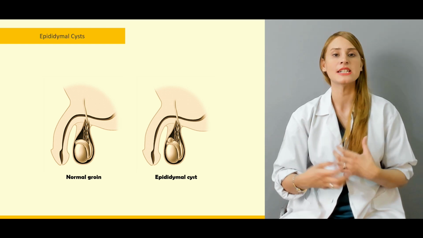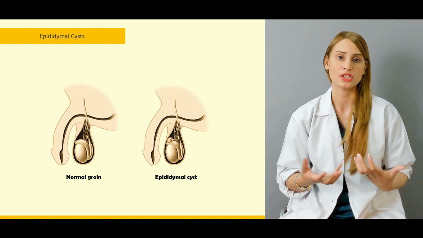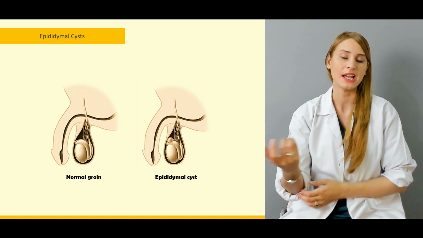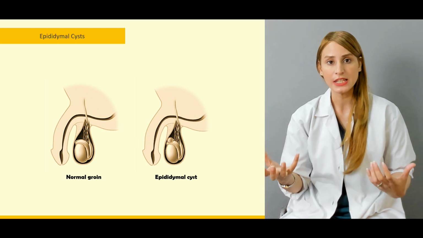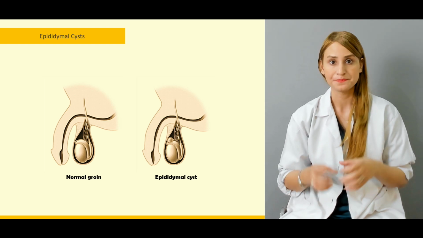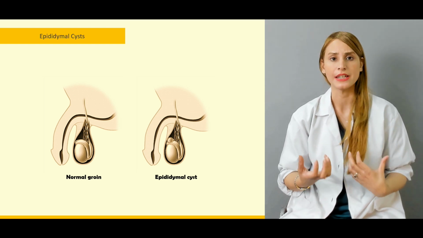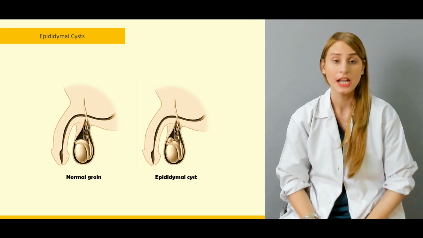Sometimes when you try to aspirate these cysts, not much fluid can be aspirated, because they are mostly multiloculated, and because of the loculations the fluid gains a kind of hard consistency, making it difficult to aspirate.